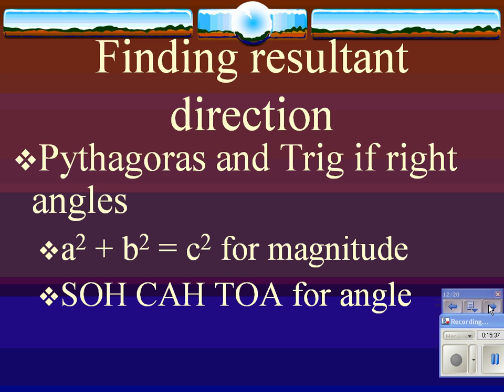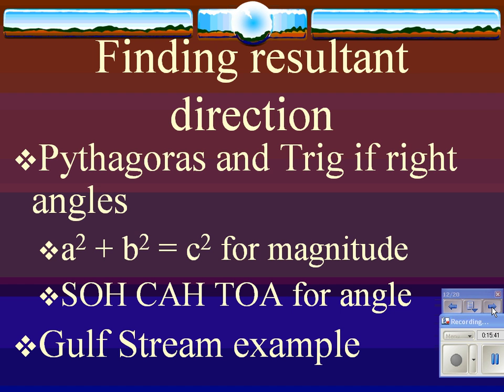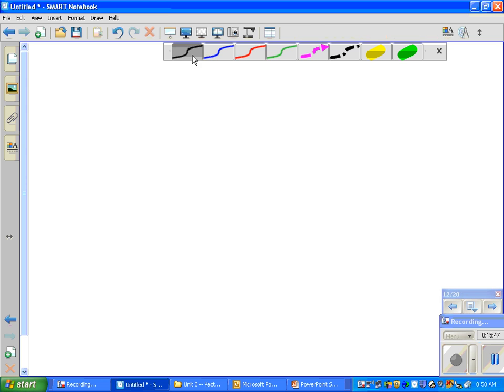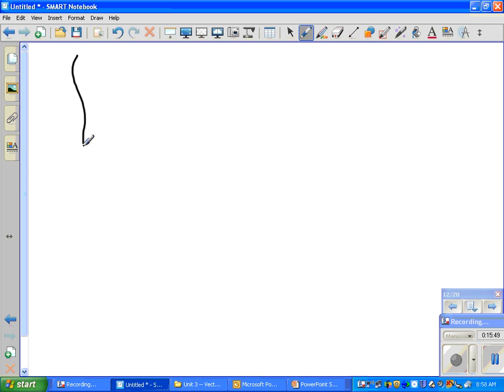So let's try it out. We'll talk about crossing the Gulf Stream here and see how this all works. Okay, Gulf Stream. Imagine this is Florida. Okay, there's Florida. And there is a city right about here that's called Fort Lauderdale.